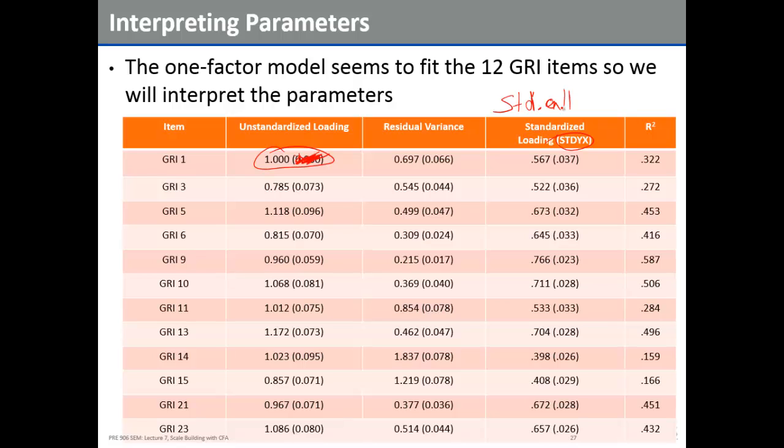We can keep all of the items. The residual variances, we don't do a lot of hypothesis tests with those, but we could. We just don't. Then standardized values themselves, and our R squared, which talks about the proportion of variance in the item scores that's due to variation in the factor itself.